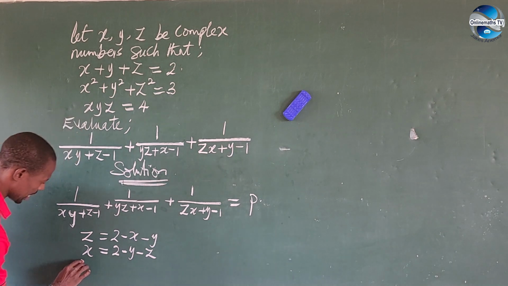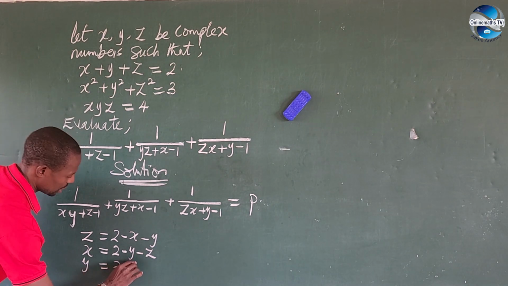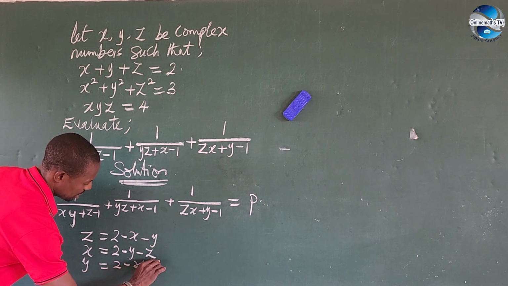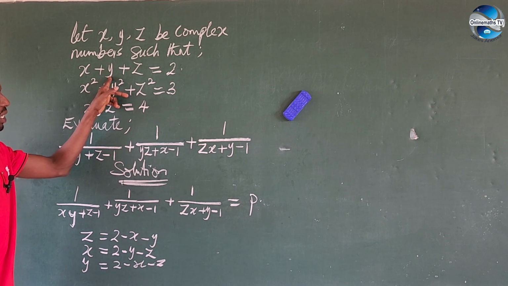From the first expression, z is equal to 2 minus x minus y. For the next expression, I make x the subject: x is equal to 2 minus y minus z. Again, I make y, standing on its own, the subject: y is equal to 2 minus x minus z.